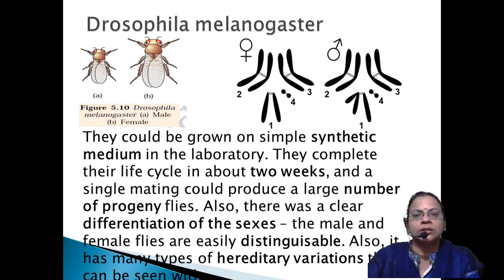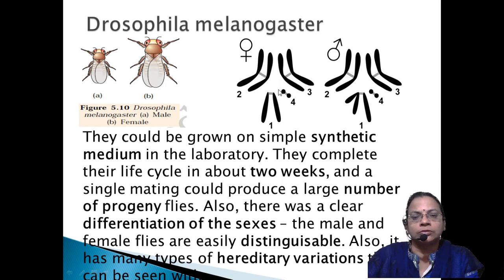Apart from that, this is the karyotype of the male. This one is the female. So you can see they carry only 4 pairs of chromosomes, and all 4 are of different shapes. Here there is no centromere at all, here it is at the tip, here it is exactly in the center, and this one is somewhat submetacentric.